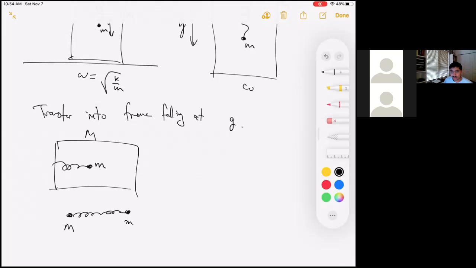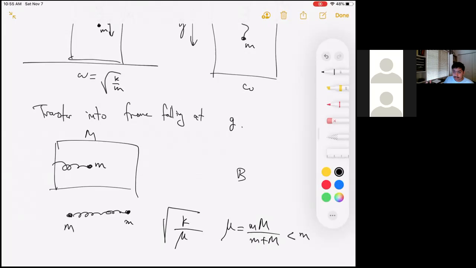Now, people have probably seen this before. What ends up happening is that it's root k over the so-called reduced mass, mu, where this reduced mass is the so-called harmonic sum of these two masses. And if you already know this formula for this situation, then you'll find that the answer is B, because this is always less than m.